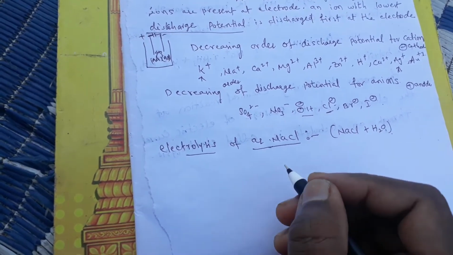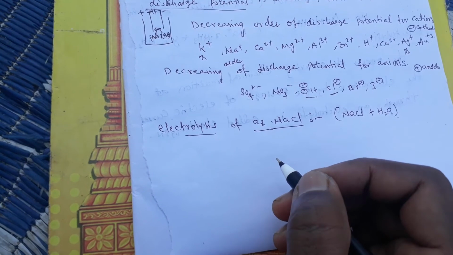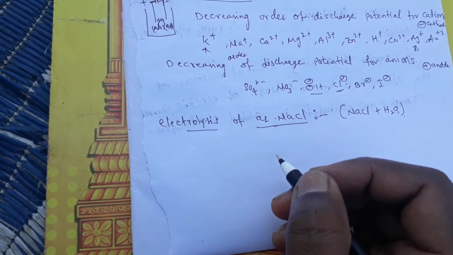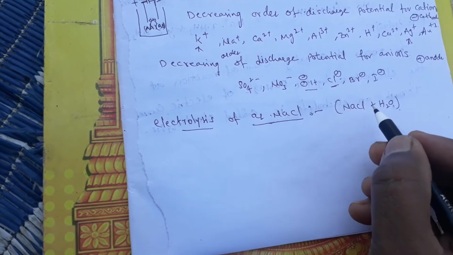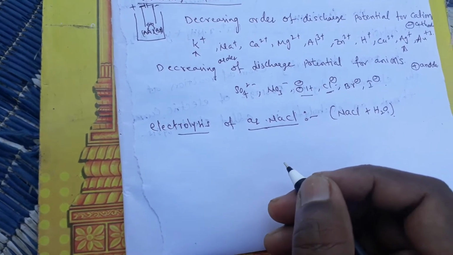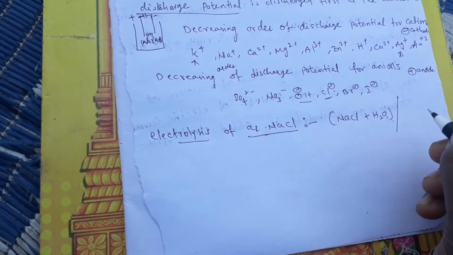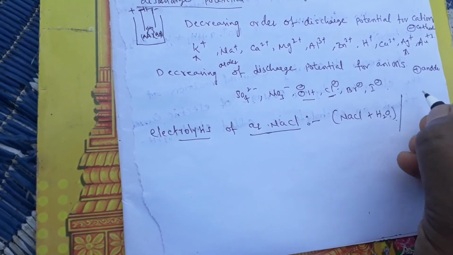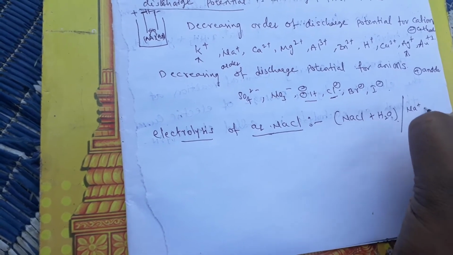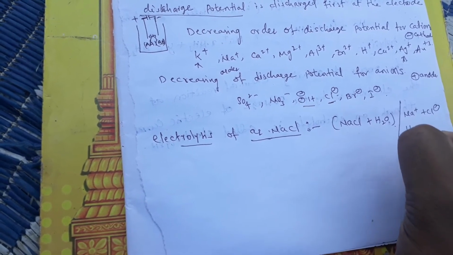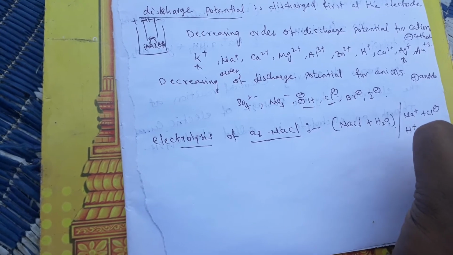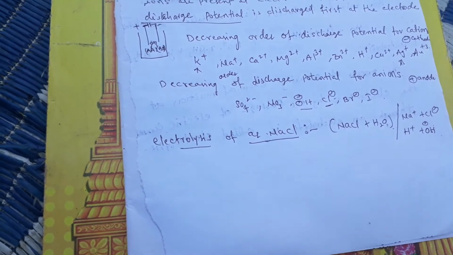Previously it was fused NaCl, meaning there is no water in that. Here it is aqueous NaCl, that means some water is present. So the ions present are sodium plus, Cl minus, and H plus, OH minus.